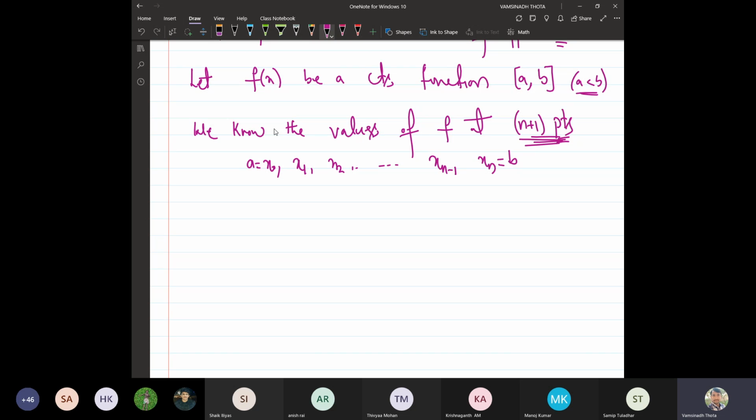Particularly, we are assuming that we know the value of the function at the initial point a, and we also know the value at the end point of the interval, that is b. So the initial point is represented by x0, and then there are some intermediate points: x1, x2, x3, x4, and so on, xn minus 1 and xn. It is actually an increasing sequence.